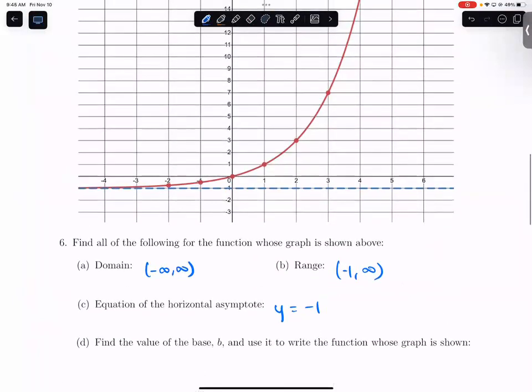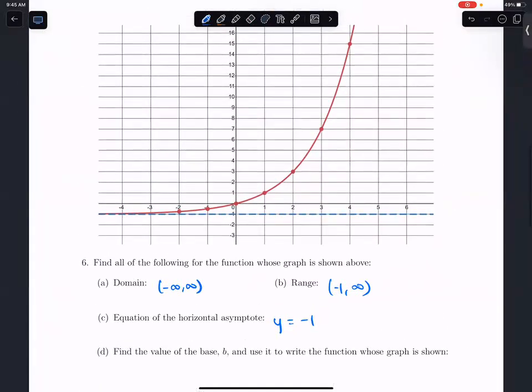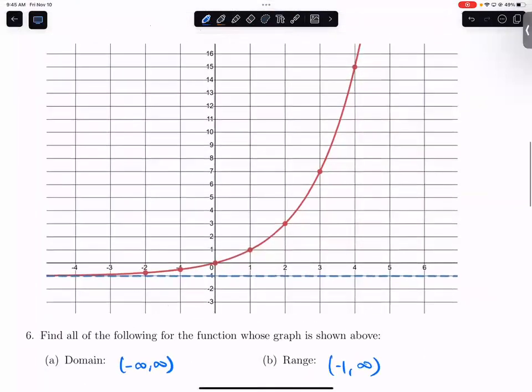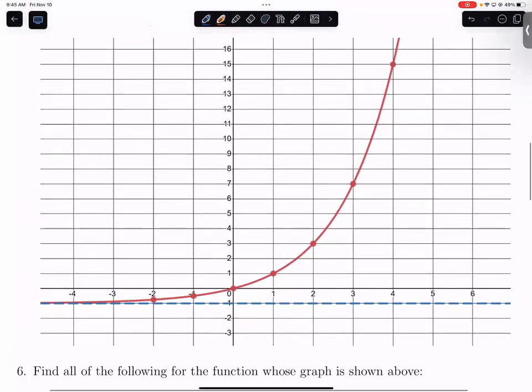Okay. Now to figure out where this graph came from. Now we're trying to figure out whose graph we're actually looking at here. Now we need to think about things a little more deeply. Is this an exponential or a log? How do you know? What else tells me it's exponential?